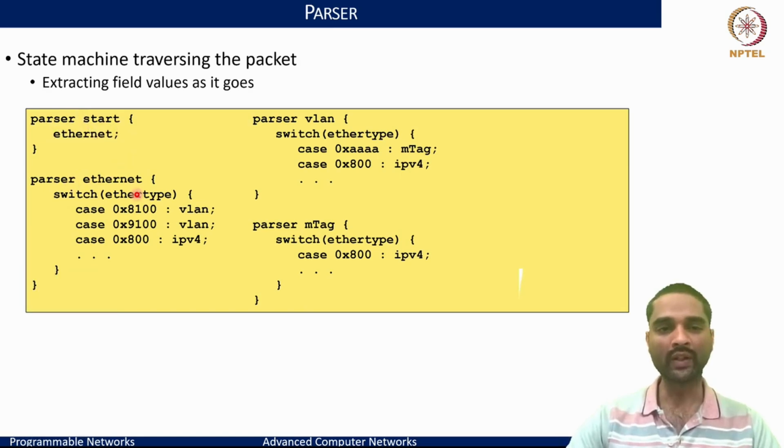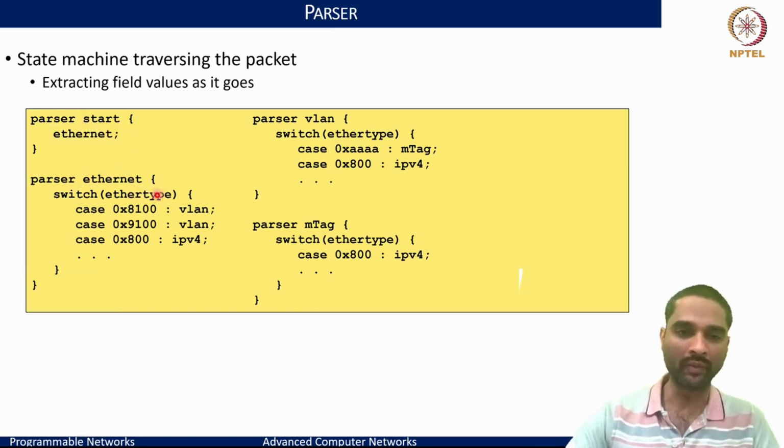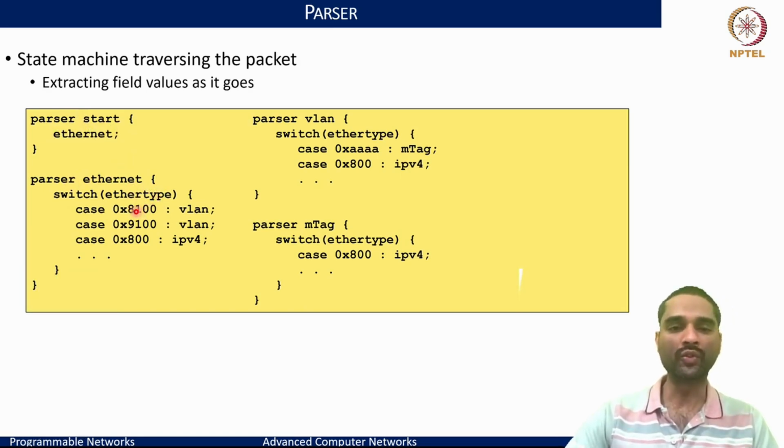It would enter the Ethernet parse and look at the ether type. If it is 8100, then it is looking for VLAN. If it is 9100, then it would look for the other kind of VLAN, and then 800 for IPv4 and so on.